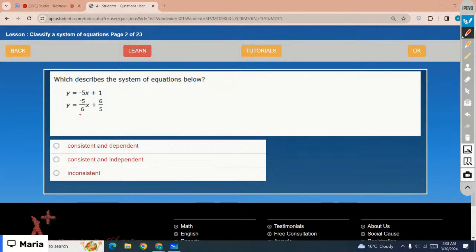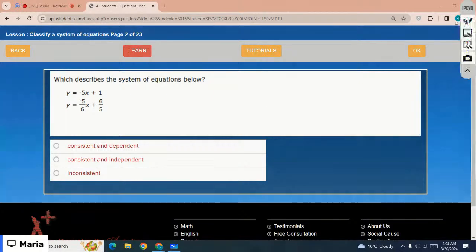The correct option is consistent and independent. Option number 2 is the correct option.